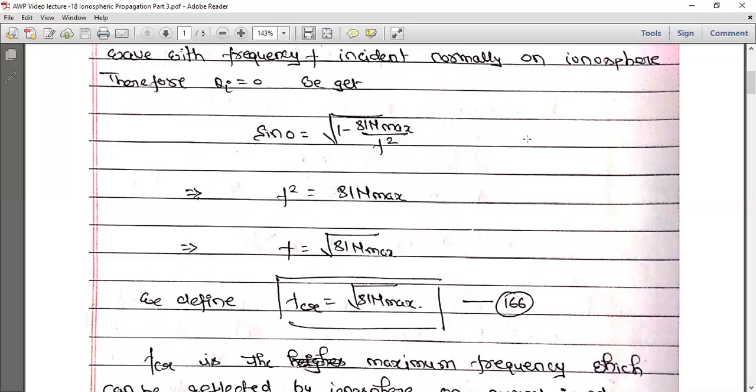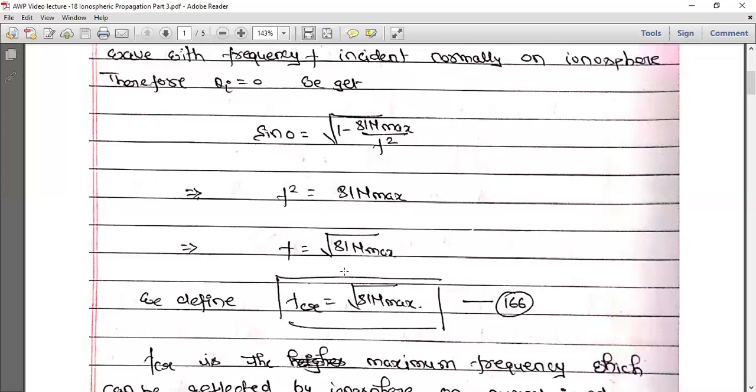Now, since we have sin θ0 on one side, when you perform the algebraic manipulation on both the sides, you find that f squared should be equal to 81 N max, or in turn, f is equal to the square root of 81 N max. What is this statement saying?